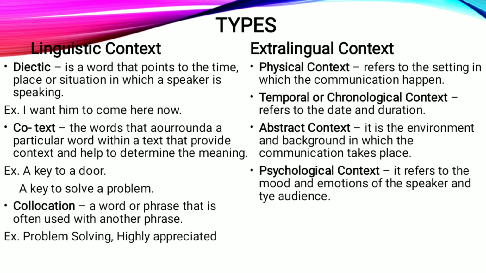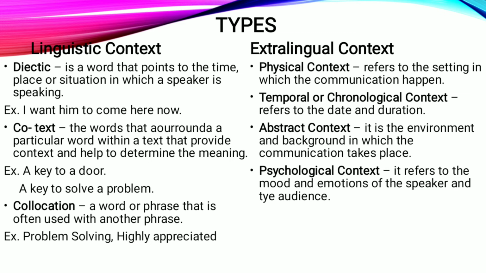For example, I want him to come here now. The words I, here, and him, and also the word now are examples of deictic because the determination of their reference depends on who said that particular word or phrase or sentence, where, when, and to whom it is said. So that is deictic.